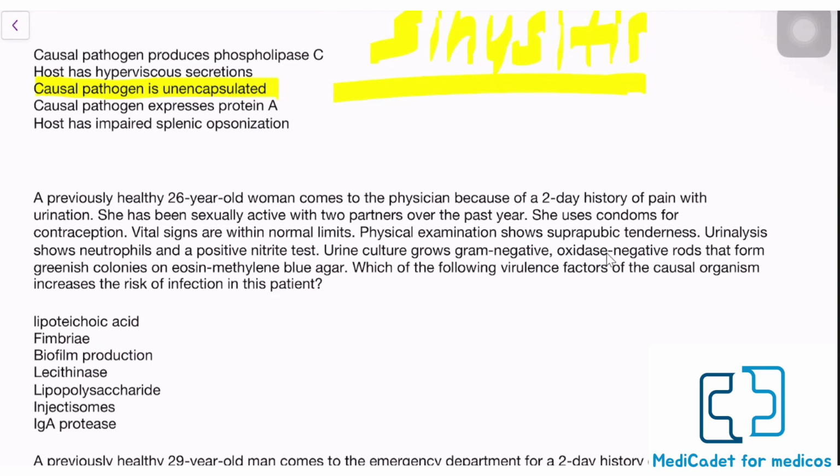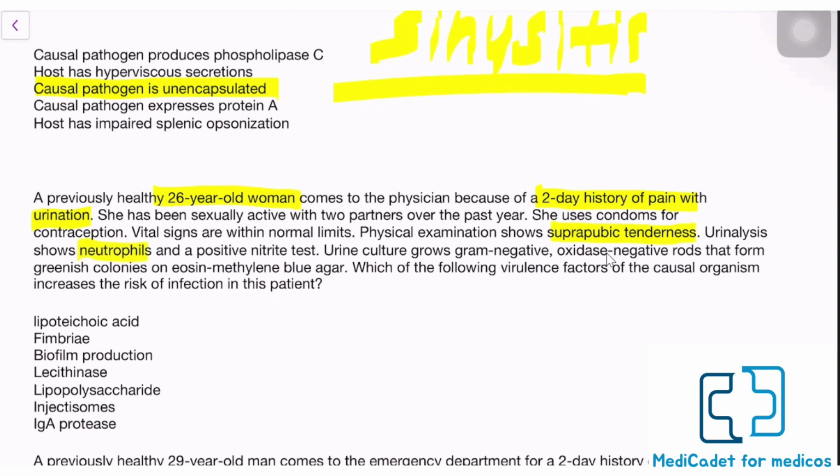What's happening? There's a healthy 26-year-old woman who comes to the physician because she's having a 2-day history of pain with urination. She's sexually active with two partners, she uses condoms, everything is fine. There is suprapubic tenderness, and urine analysis is showing neutrophils, so probably a bacterial infection.